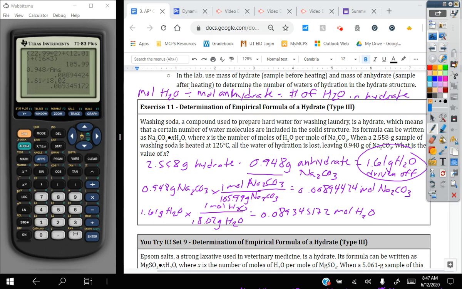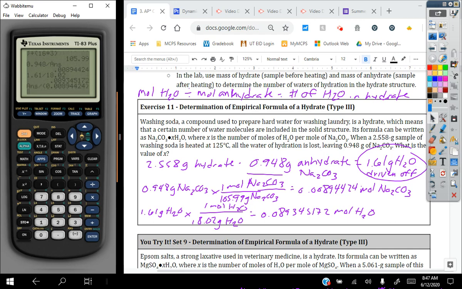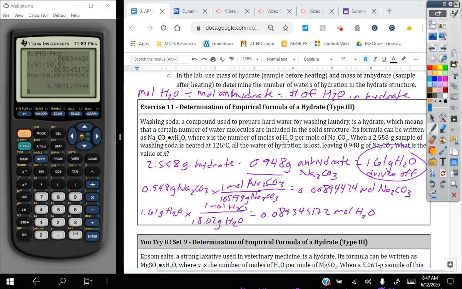So I will divide my moles of water by my moles of anhydrate, and you'll see it comes to 9.989, which is about as close to 10 as we can get.